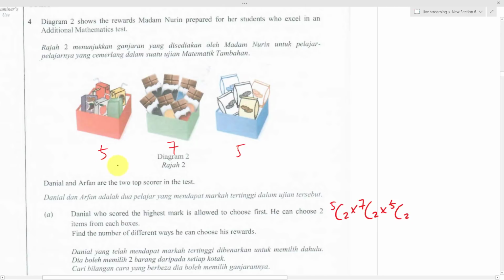That means from each box you choose 2 here, 2 here, 2 here, and then you just multiply them. So 5c2 multiply 7c2 multiply 5c2 should be 2100. This one should still be quite okay.